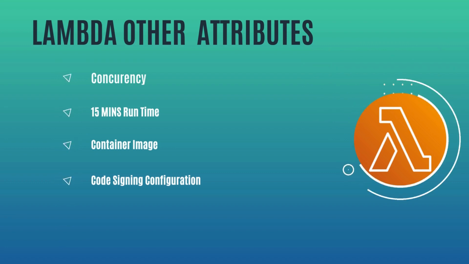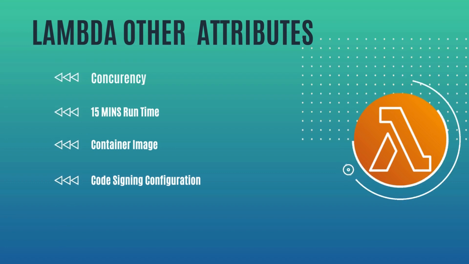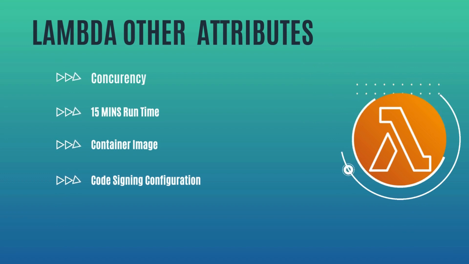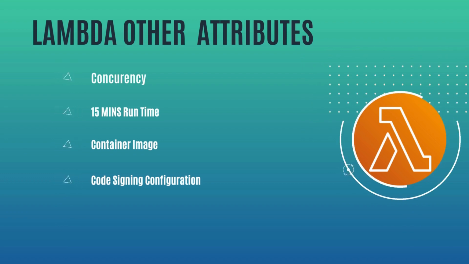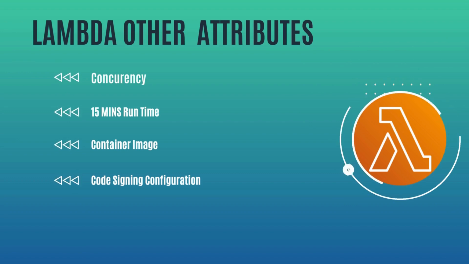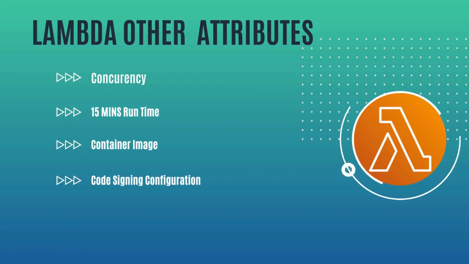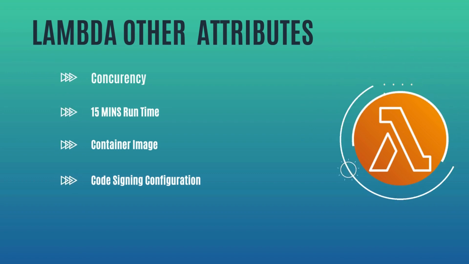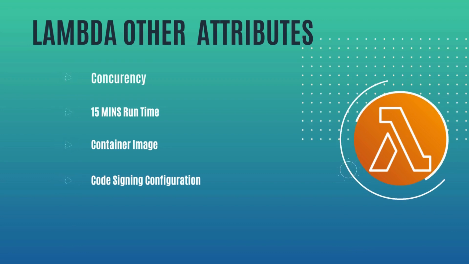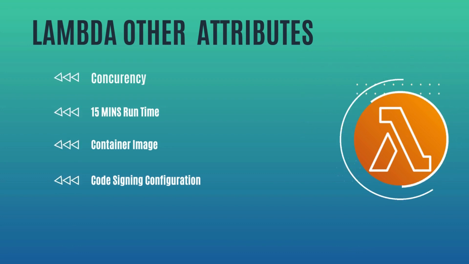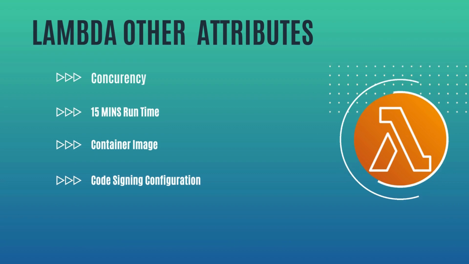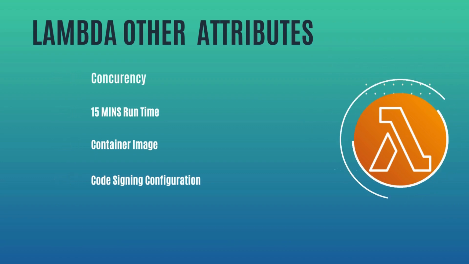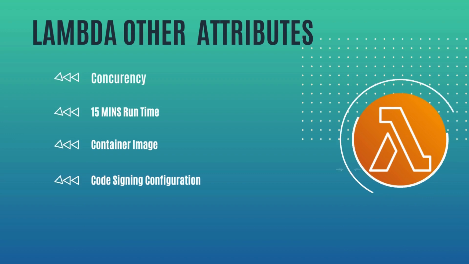And 15 minutes runtime. The constraint of Lambda is that it can only execute code for 15 minutes. For runtimes greater than 15 minutes, Lambda is not compatible. Other than deploying your code in the form of zip files, or scripting your code in the Lambda code editor, you can use a container image to develop a Lambda function.